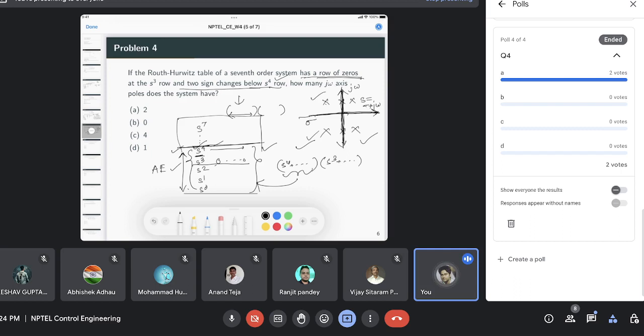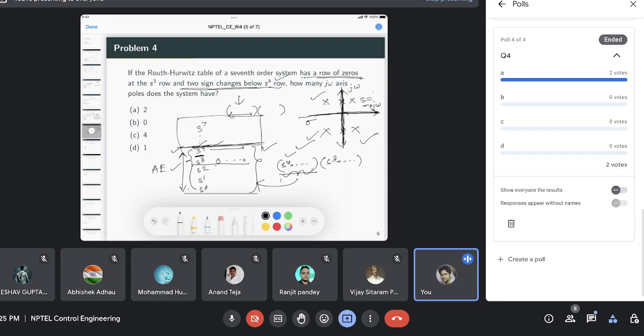So whatever comes after that, the analysis is valid for this auxiliary polynomial of fourth order. You are already given that two sign changes are there, so that means for this fourth order auxiliary polynomial, there are two poles located in the right half plane.